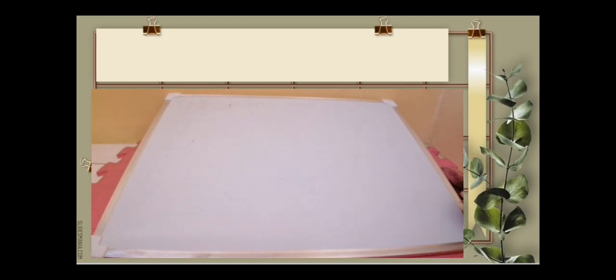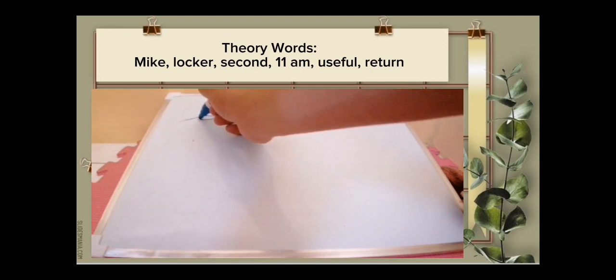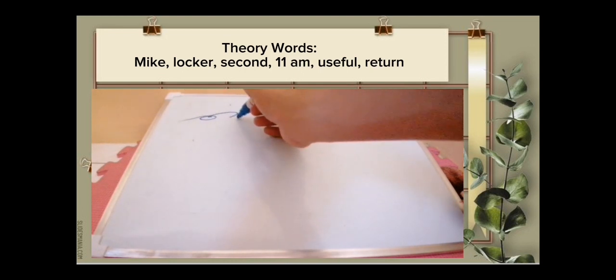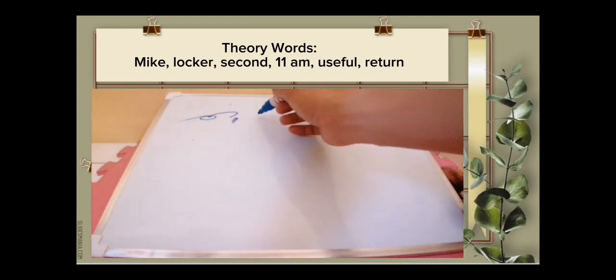Today we are going to talk about lesson 41, related numbers in a sentence. For our first theory word, we have the word mic. Next word, we have doctor.